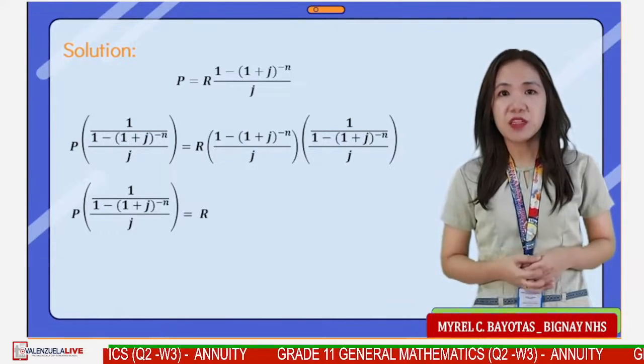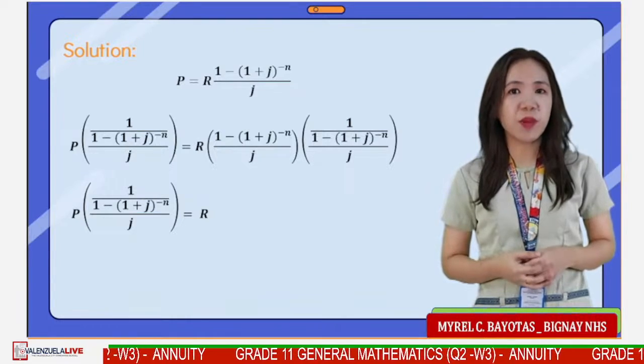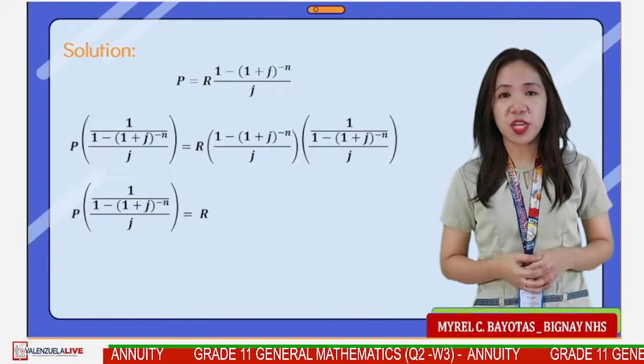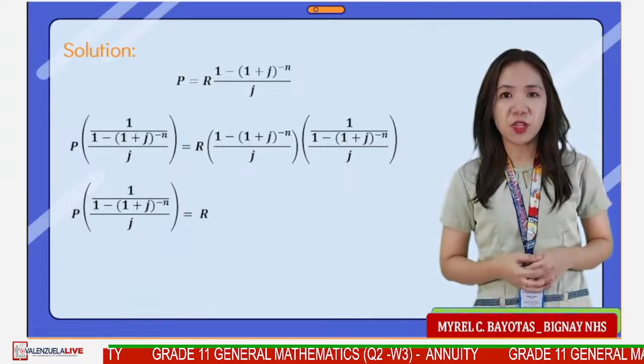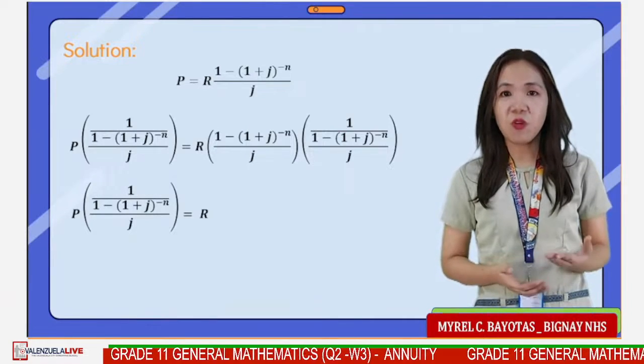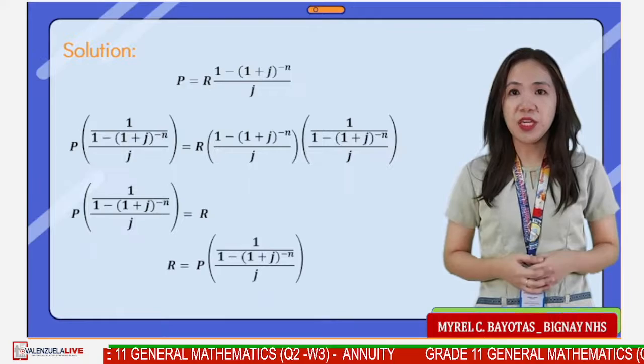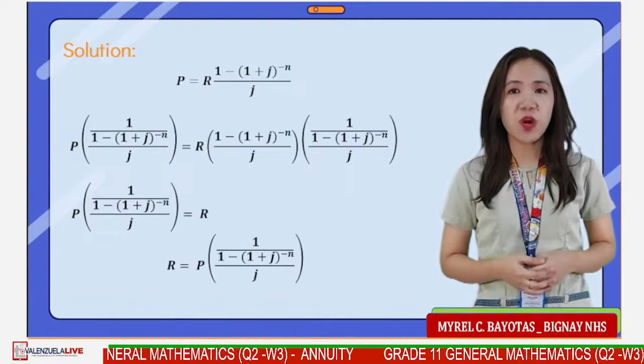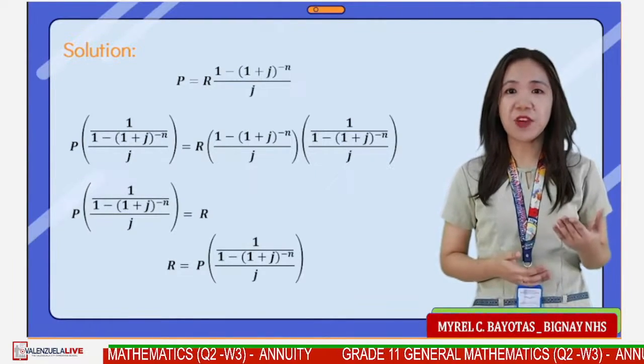Simplify, P times 1 over 1 minus the quantity of 1 plus j raised to negative n all over j equals R. Or R equals P over 1 minus the quantity of 1 plus j raised to negative n all over j.